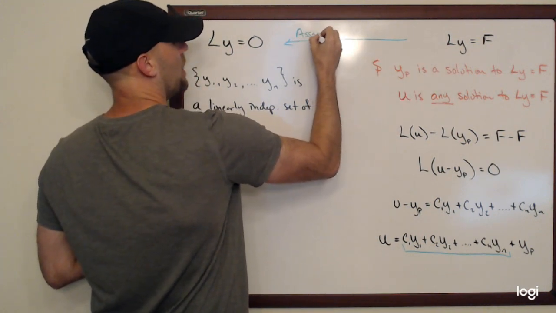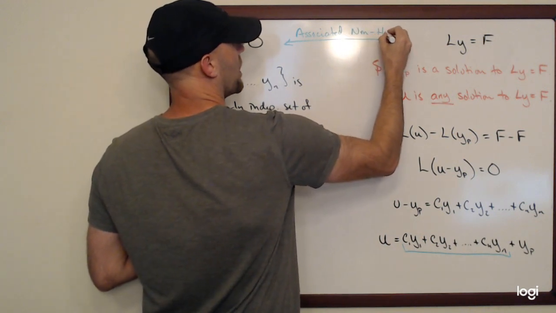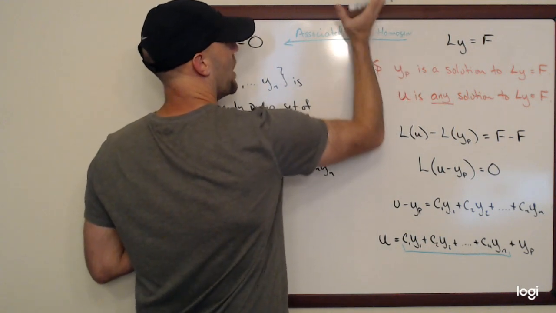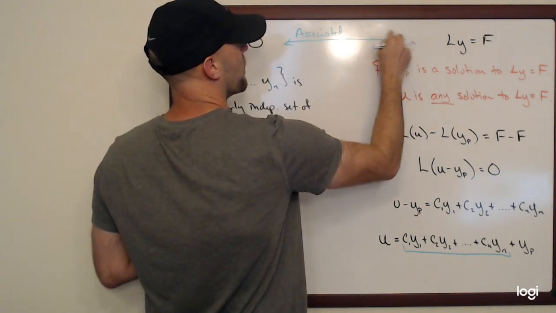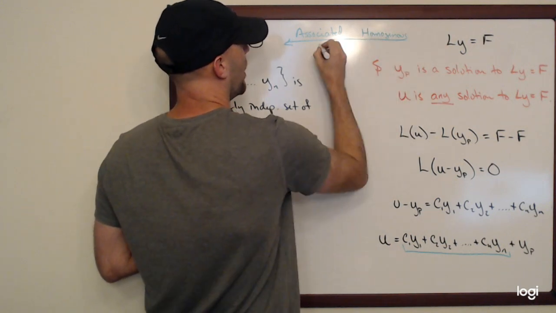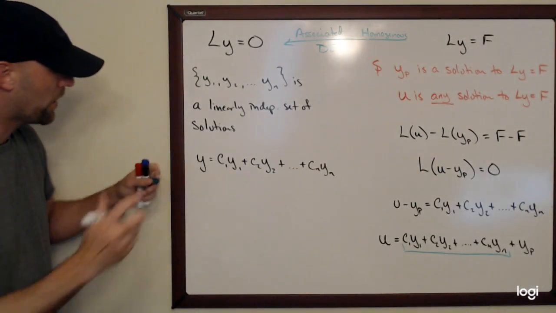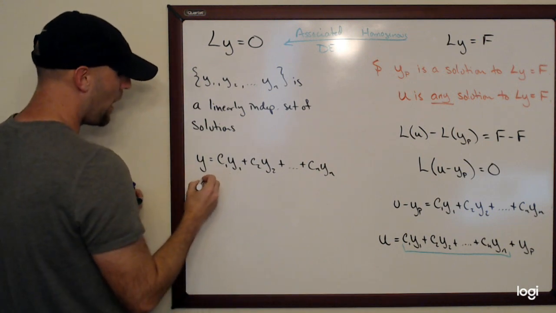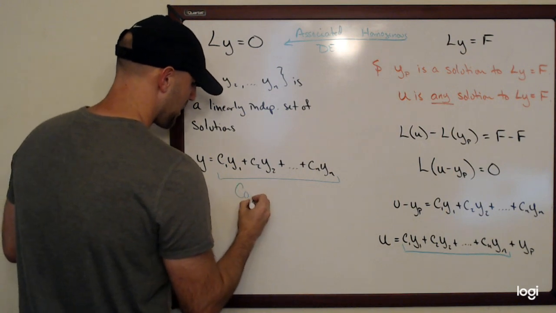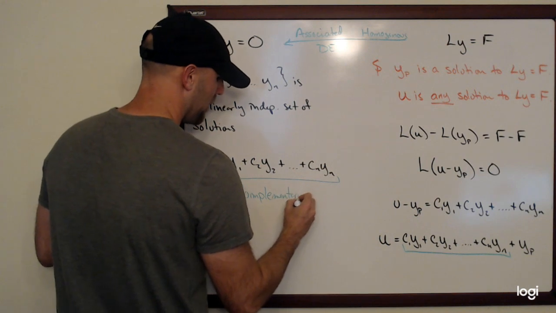This is my associated homogeneous differential equation. Okay. And the solution for this we call the complementary function. Complementary function. E, not I.